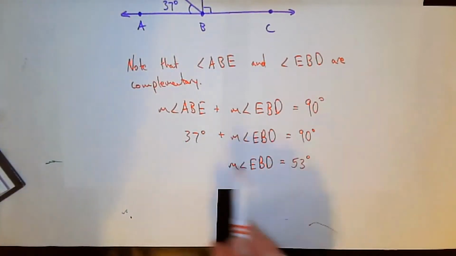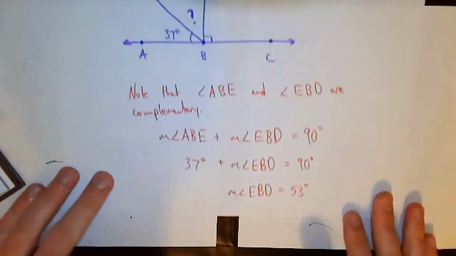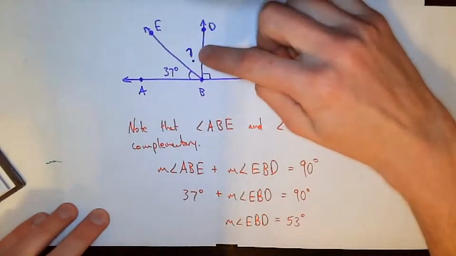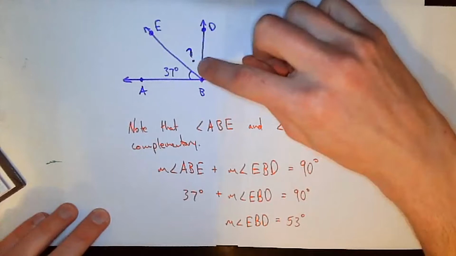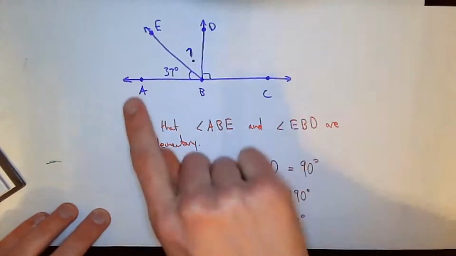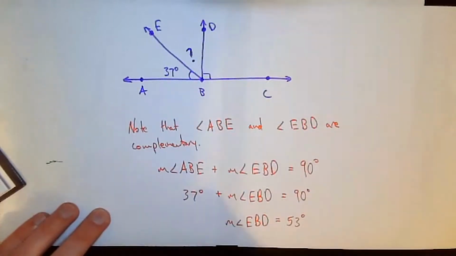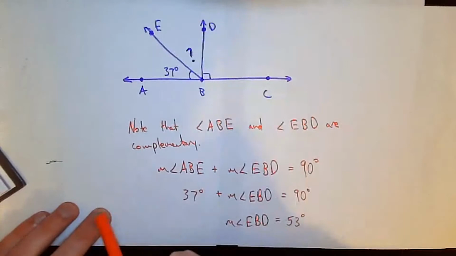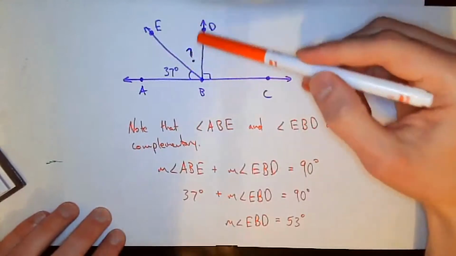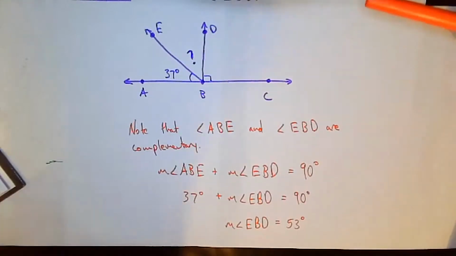That's the angle that needs to be put here in order for angle ABD to be a right angle. And I know that ABD is a right angle because its adjacent angle over here, DBC, is a right angle.